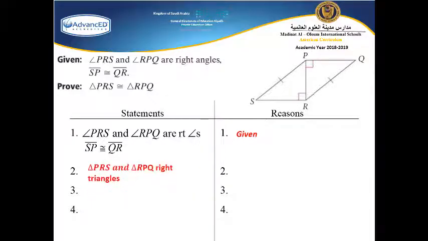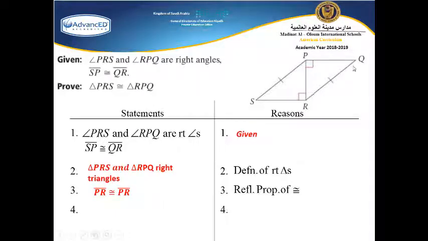The next statement: the triangle PRS and the triangle RPQ are right triangles. This is the definition of right triangles. And also we have that PR is congruent to itself. This is by the reflexive property of congruence.